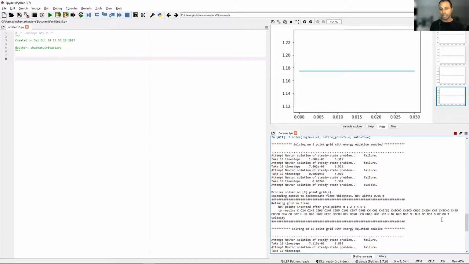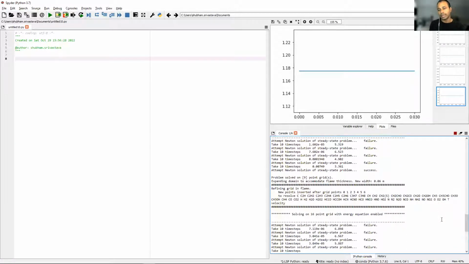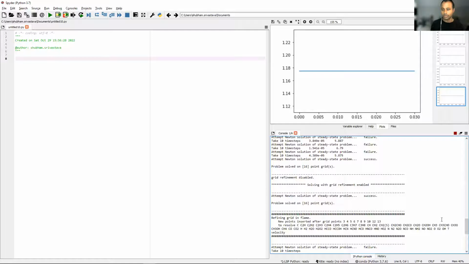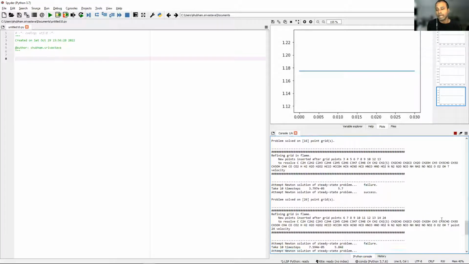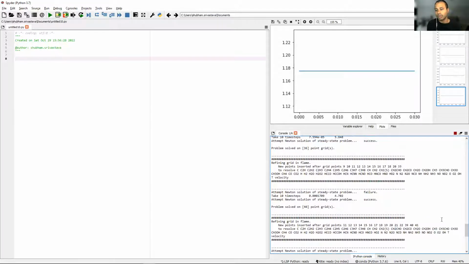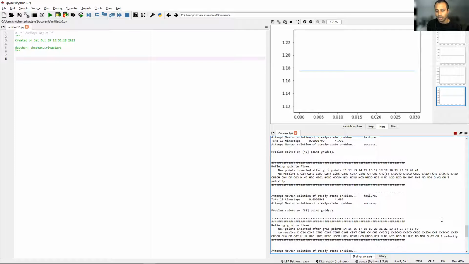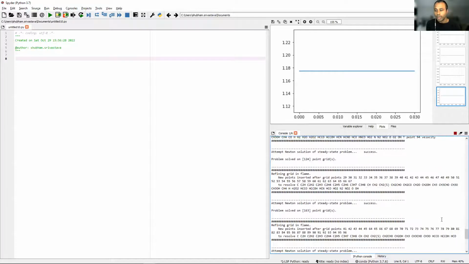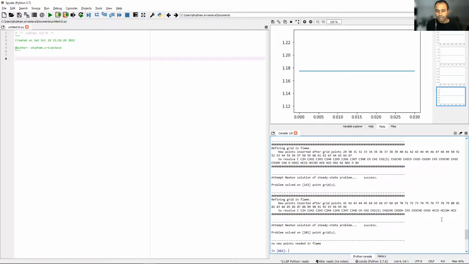Here it is trying to solve these equations. It is encountering some failures and some successes, so it is trying to adjust its calculations so that the whole thing goes through. Let's wait. It'll probably take another couple of minutes. All right. It says problem solved on 201 grid points.